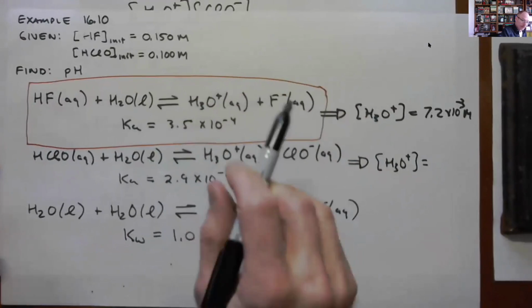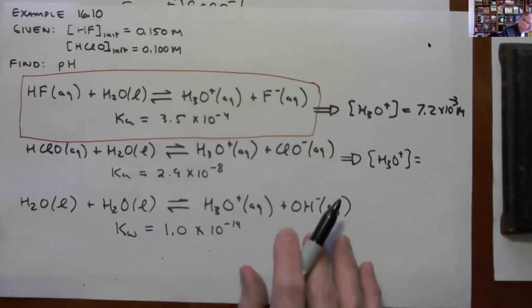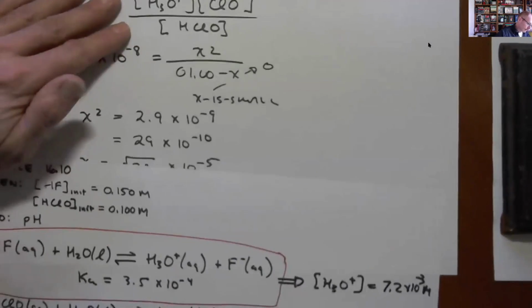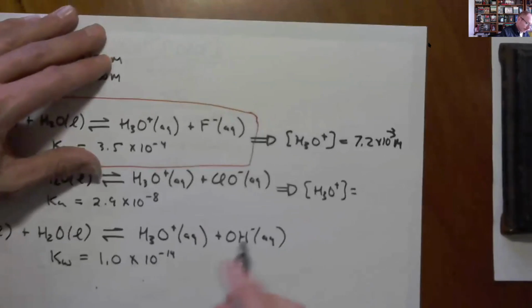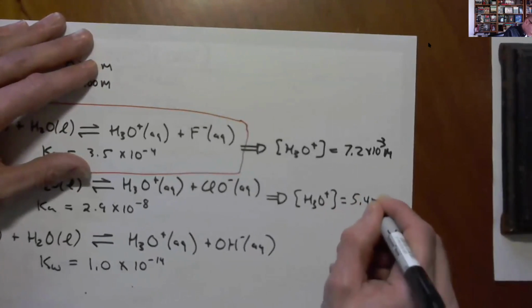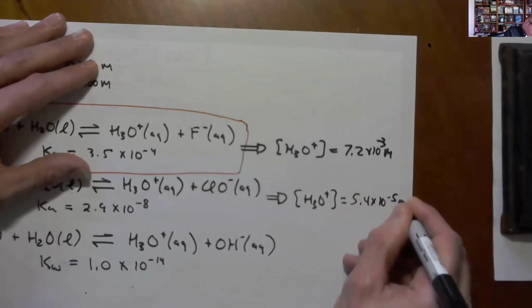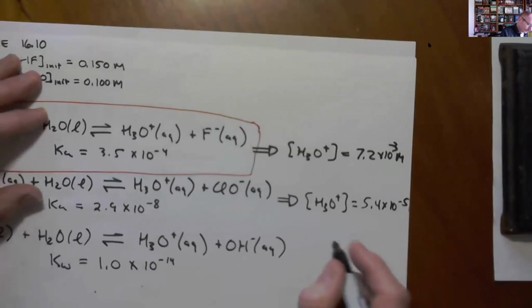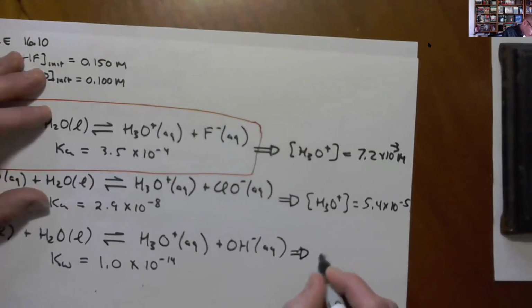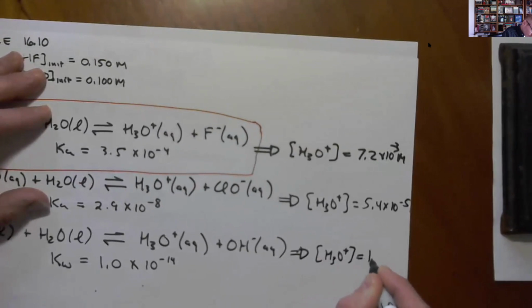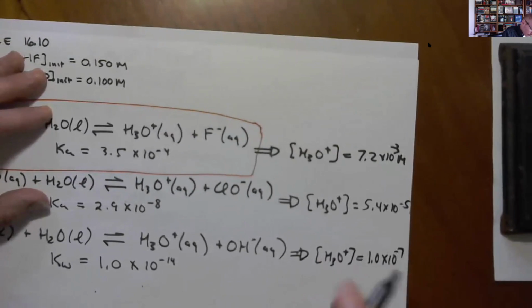So imagine these three reactions occurring separately. 5.4 times 10 to the minus 5. And of course, this one occurring independently, 10 to the minus 7.